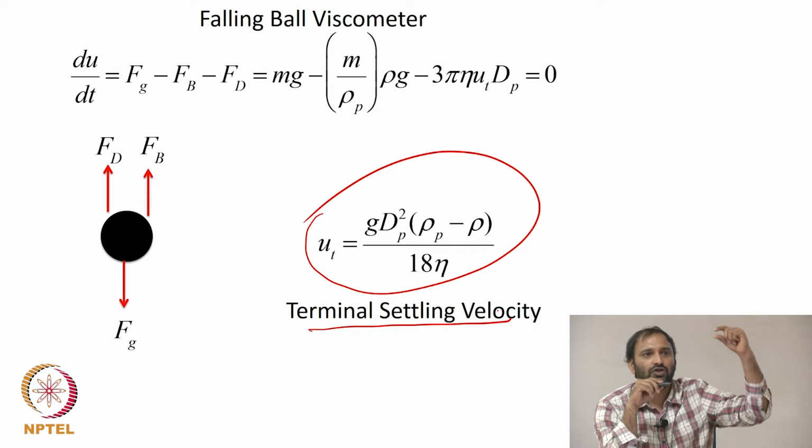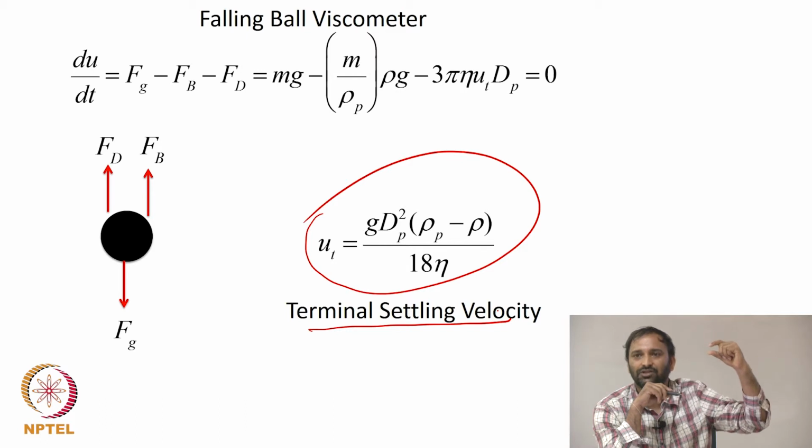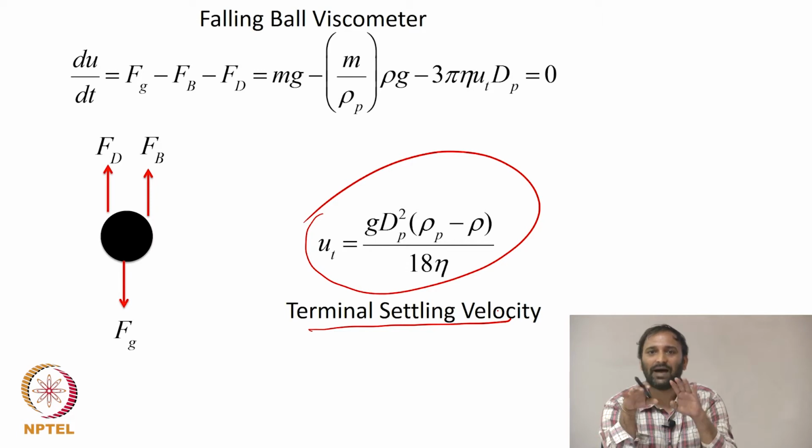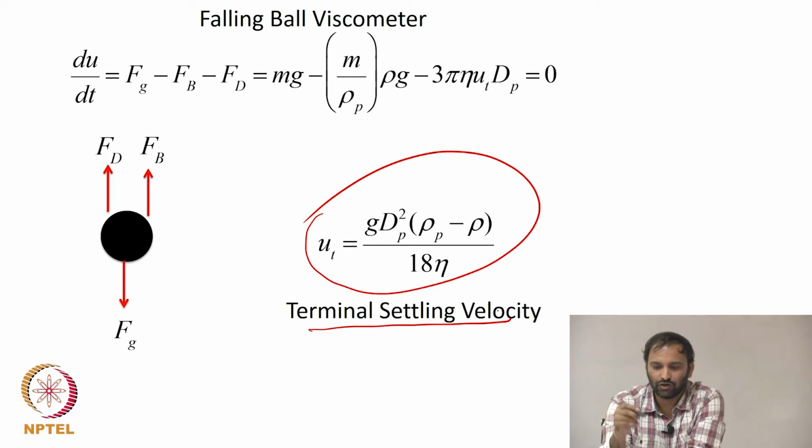That means the moment you drop this object in the fluid, initially there is some acceleration, okay. At some point the ball is going to move at a constant velocity, and that constant velocity is governed by the balance between the net gravitational force and your drag force, and we know that your drag force depends on your viscosity, right.